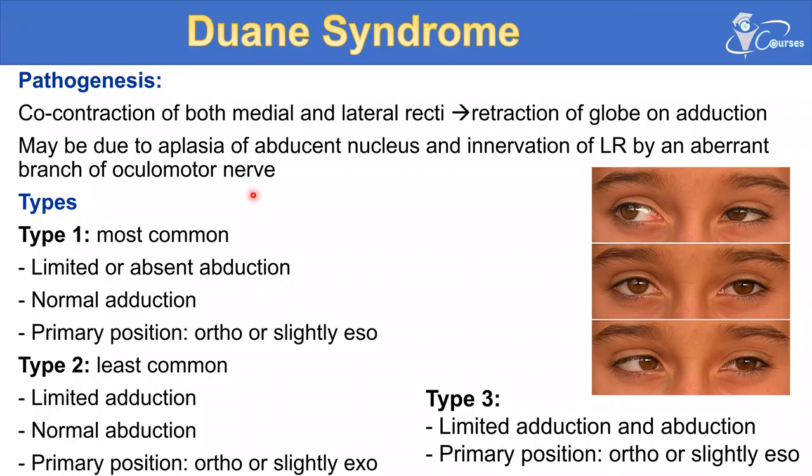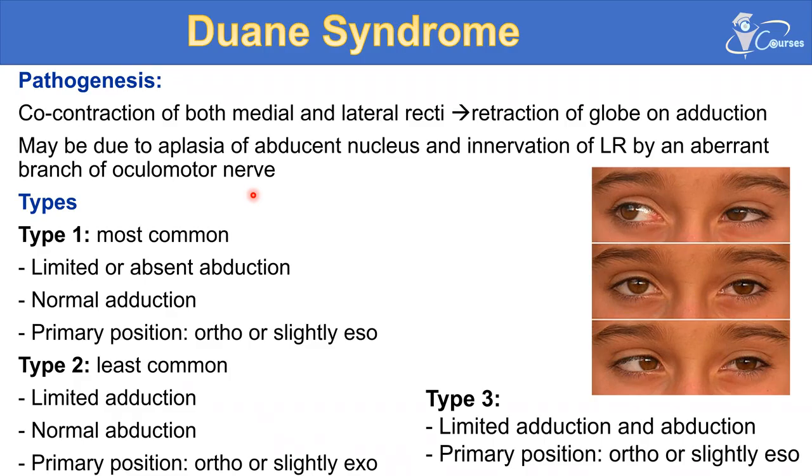So imagine now that this patient doesn't have a normal abducent nerve that supplies the lateral rectus. It is only supplied by a branch coming from the oculomotor nerve.